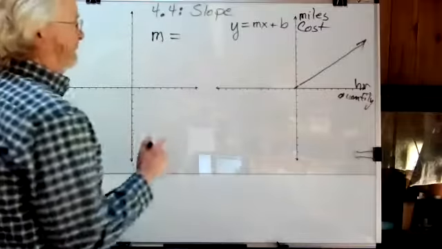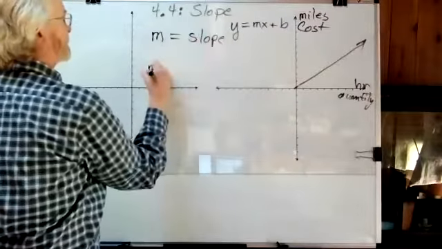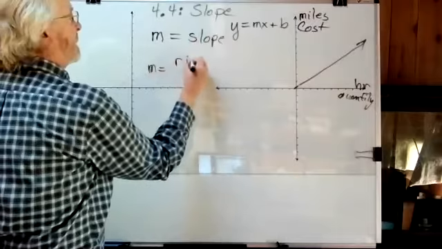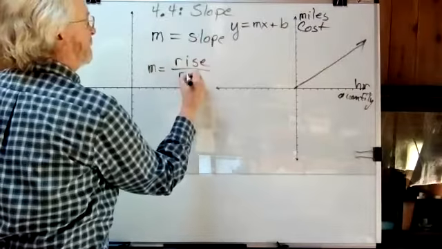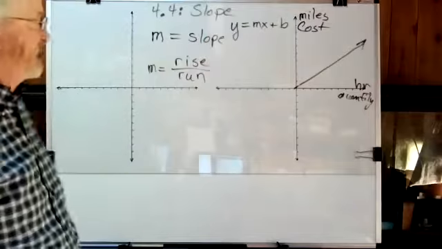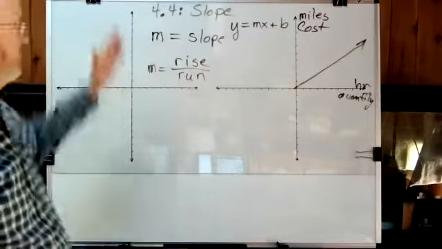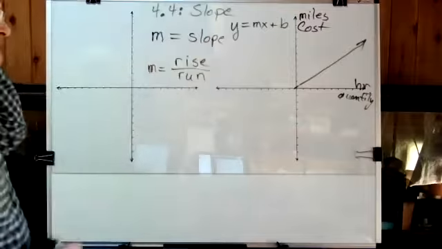We have a couple of helper phrases. First, rise over run is a common helping phrase. It's a comparison, still a rate of change of these two different values on our graph.